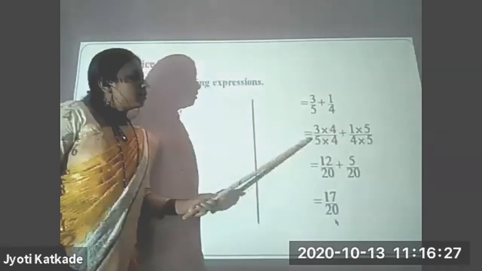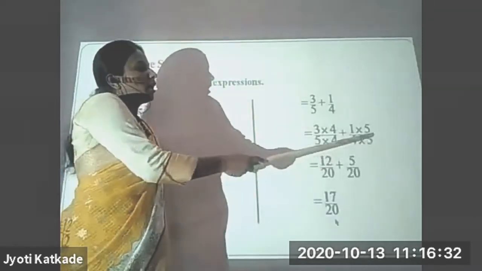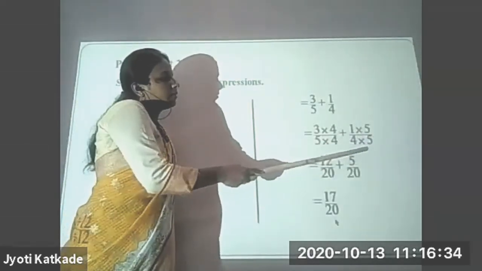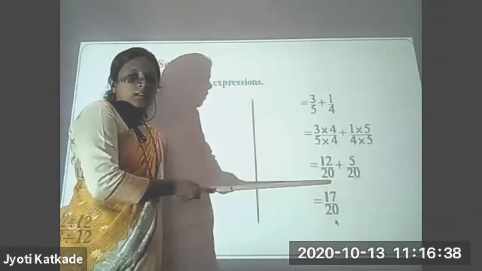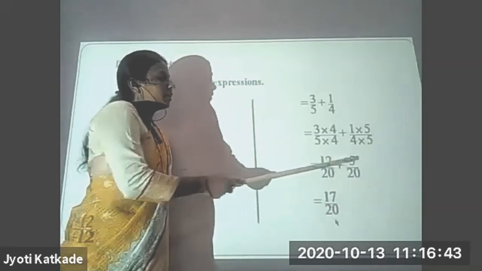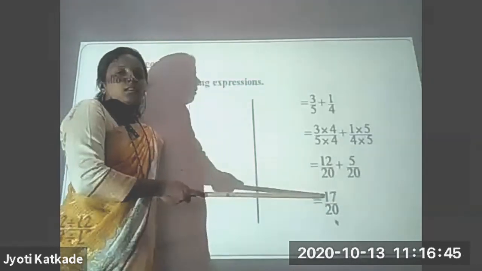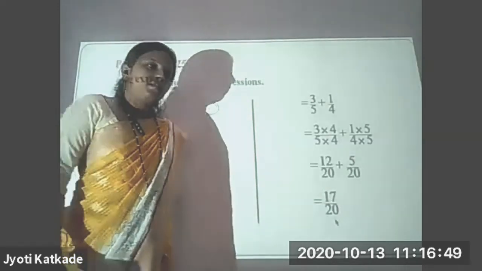We get 3 4s are 12 and 5 4s are 20, then 5 ones are 5 and 5 4s are 20. Now see, the denominator is the same, 20 and 20. When the denominator is the same, take it one time and 12 plus 5 is 17. So our answer is 17 divided by 20.